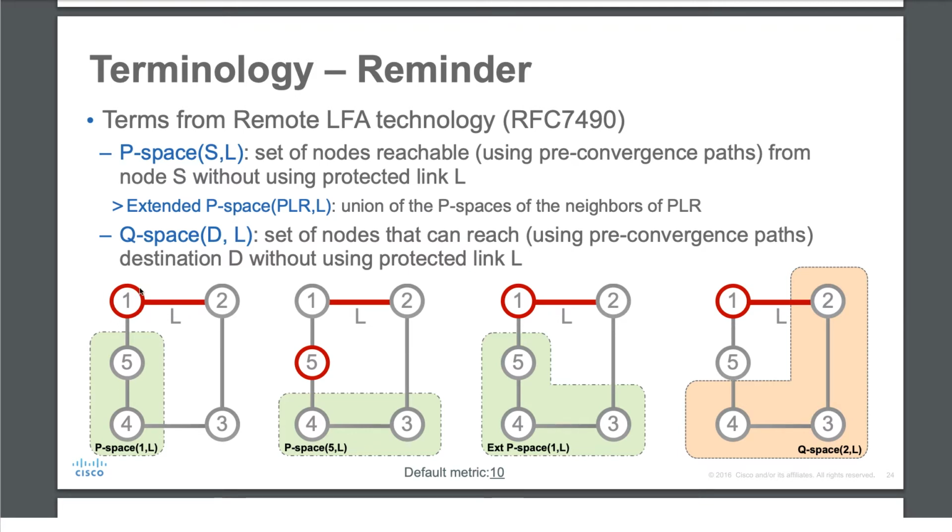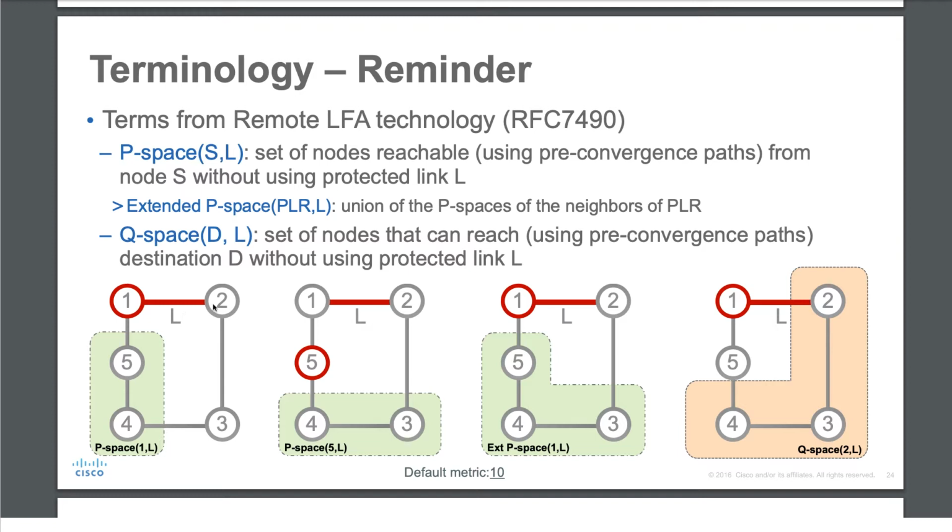The source that is going to be impacted belongs to your P space, and the destination belongs to the Q space. So now when this kind of failure happens on our protected link, we need to find an alternate path. That's the whole idea behind TI-LFA, right? We need to find an alternate path and also avoid loops at the same time. So now we need to find a way to come out of this P space and still go to the Q space, which is the destination.